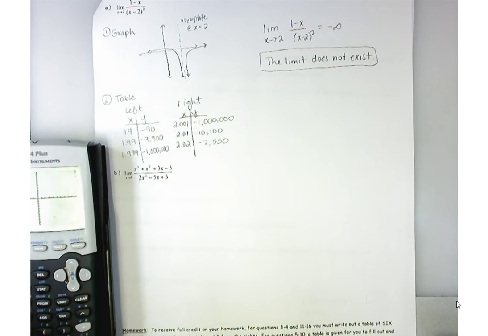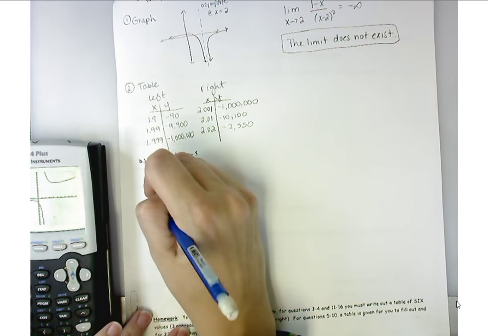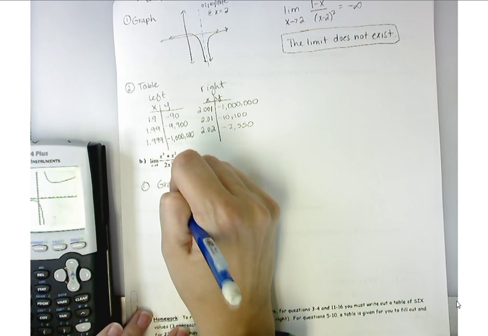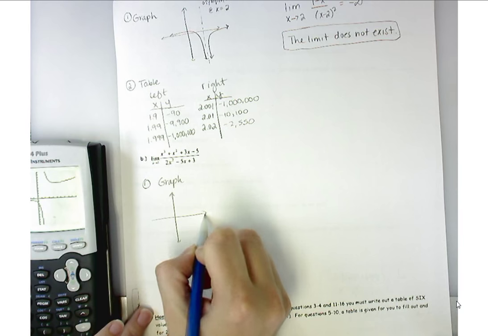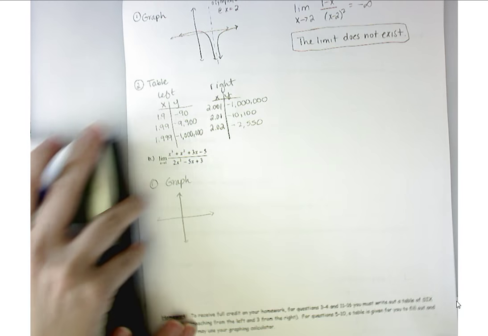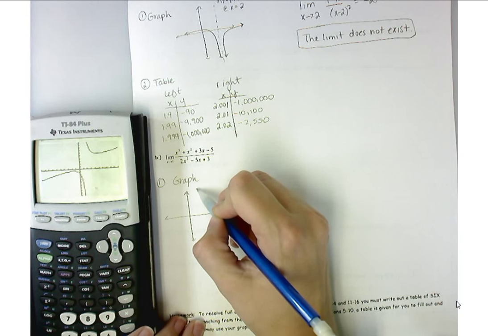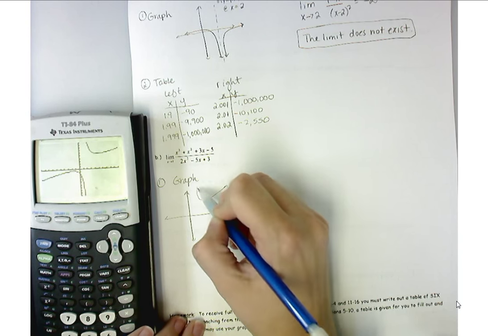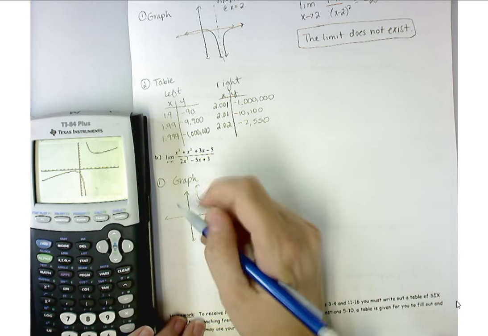And then we're going to take a look at our graph. Okay, so I'm going to draw a rough sketch of my graph here. Kind of looks like I have one of these going on. I am going to have an asymptote here.